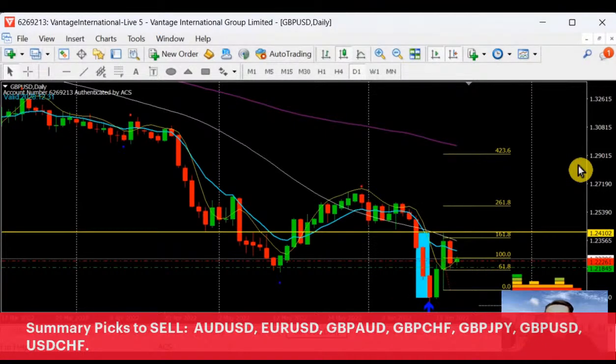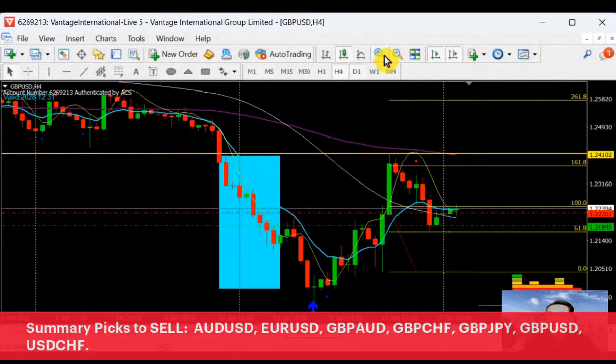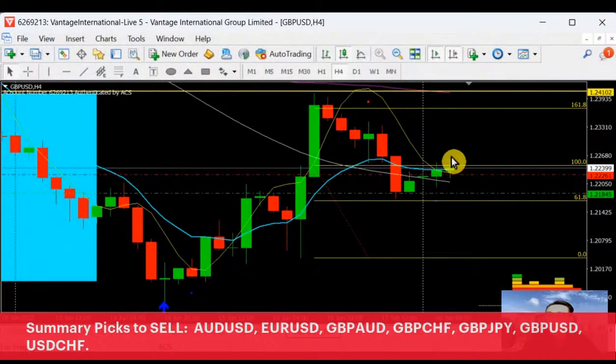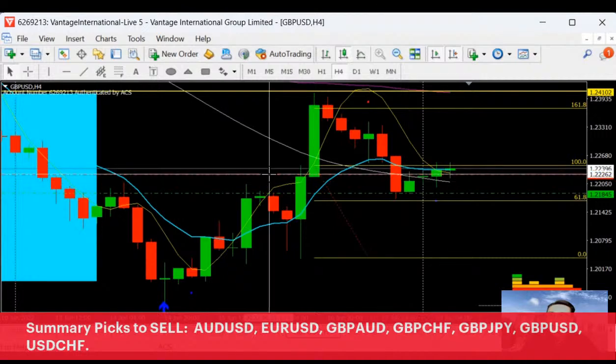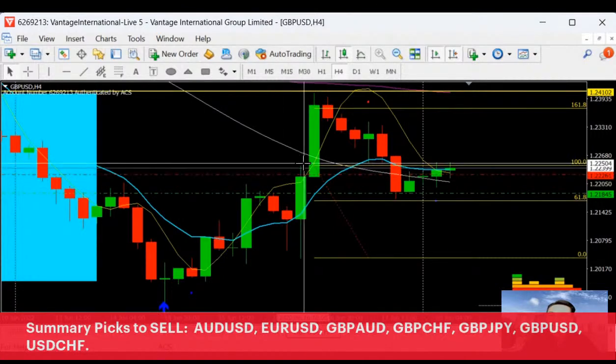The price is trying to break out of this candle. Oh, okay. So the 100 mark here. Am I right? You're talking about the 100 mark here. So current price is trying to break out of this.